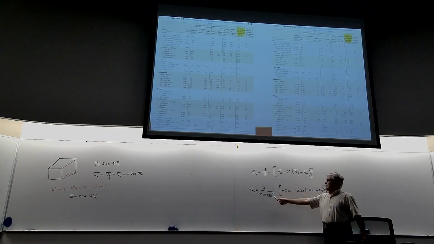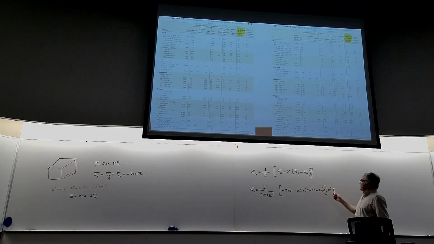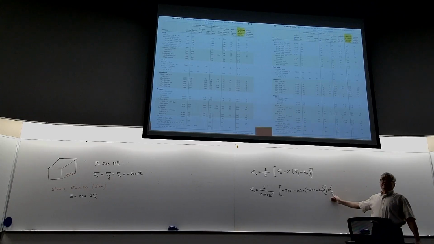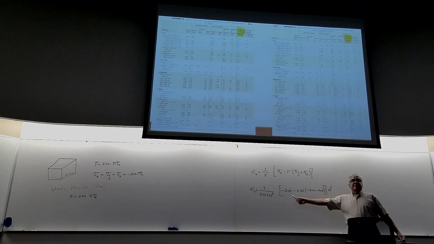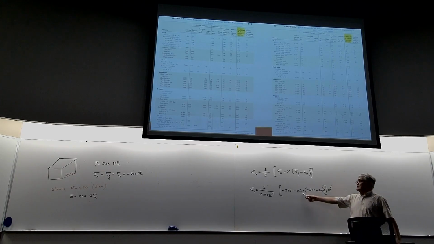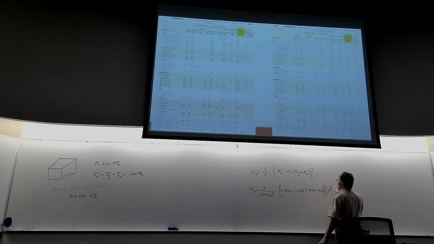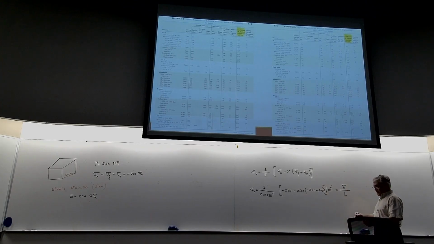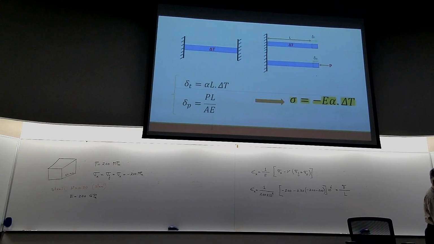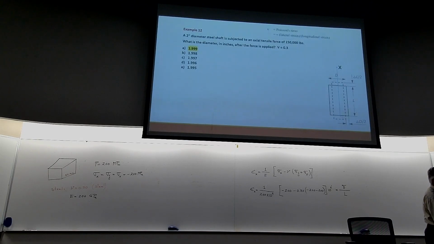So this 10 to the 9th is for giga. This is for mega, which applies to all 3 sigmas. Nu does not have any unit. So epsilon x means change in dimension divided by the original length. And L was 50 millimeters. And here are the numbers.